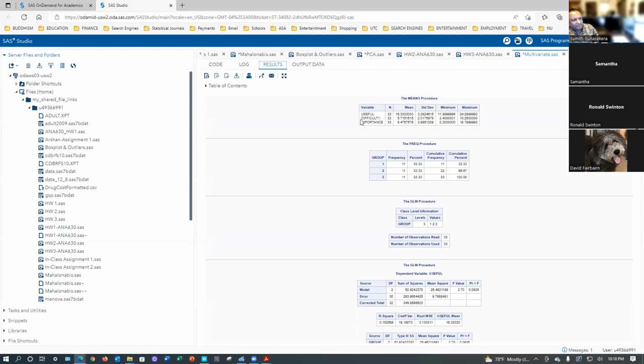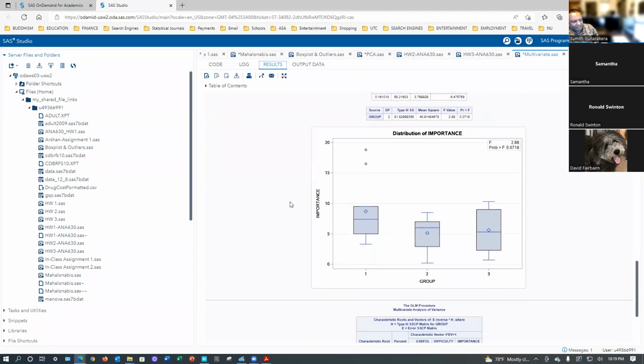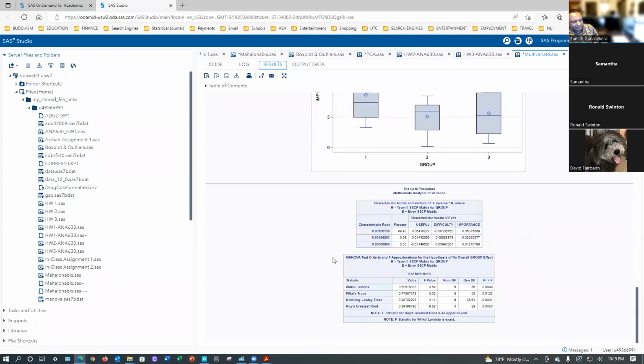Usefulness, 33 people, difficulty, all 33, important 33, the average, standard deviation, minimum, and then mainly we are interested in this part.